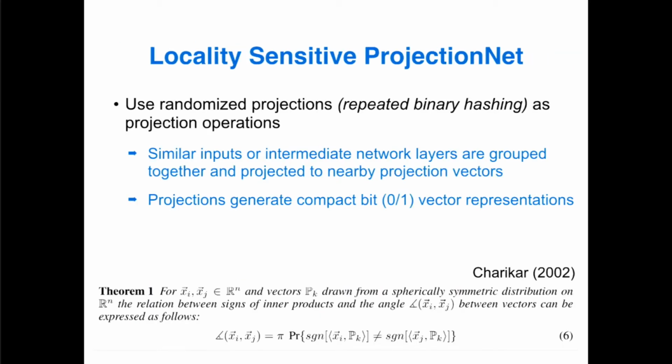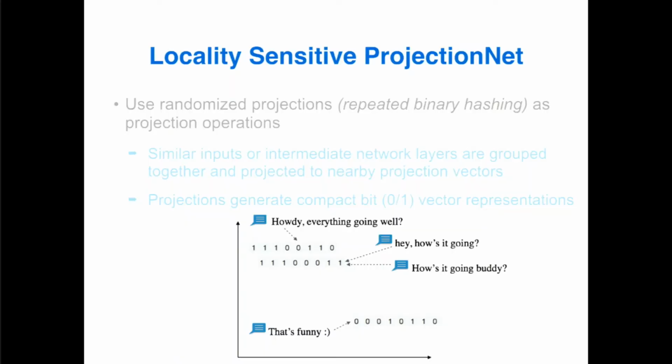In a nutshell, how many of you are familiar with locality sensitive hashing? Okay, so basically it's a way of projecting similar input representations into nearby points in some metric. If I show you this example, and then go back to how we do it: you have all these messages, howdy, everything going well, hey, how's it going, how's it going, buddy?